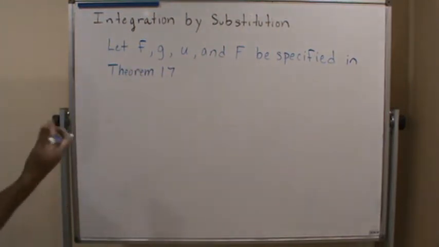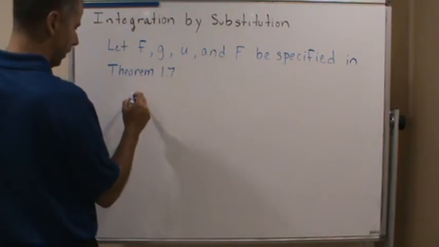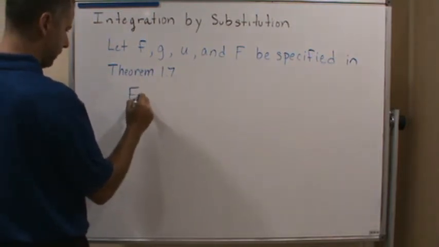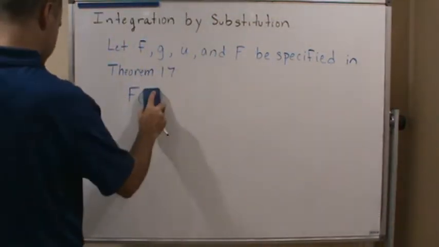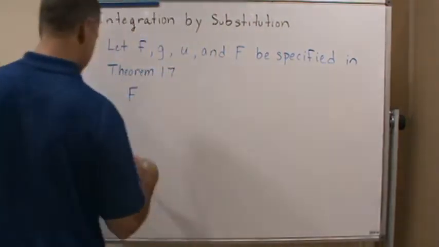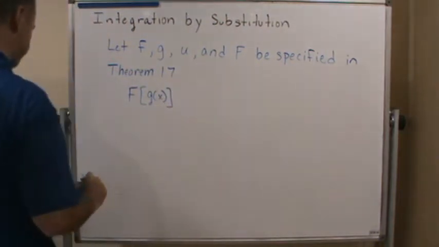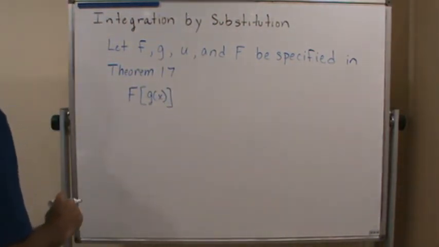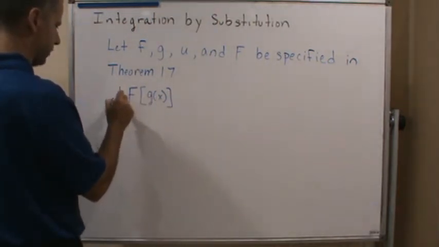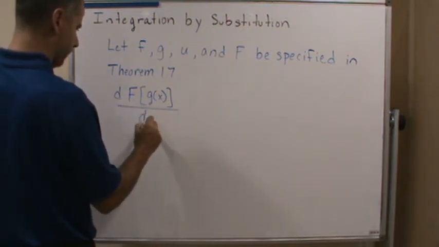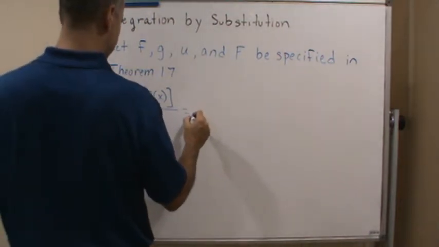Now what we're going to do is take the function F of g of x. So we have a composite function, right? So we're going to take capital F of g of x, and we're going to take the derivative of this with respect to x.